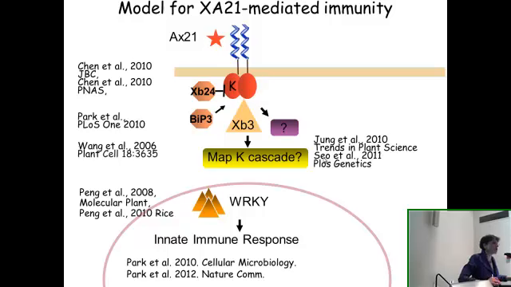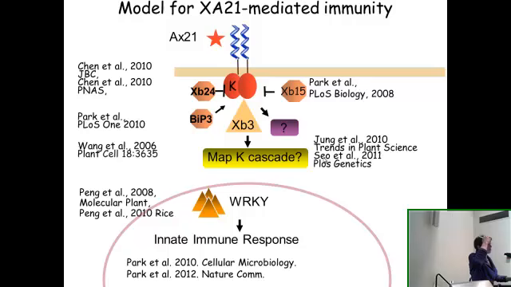So this nuclear translocation may be a very important way that these non-RD kinases function. And so that leads to the immune response. This immune response has to be carefully negatively regulated, and we've identified a phosphatase that turns off this pathway.